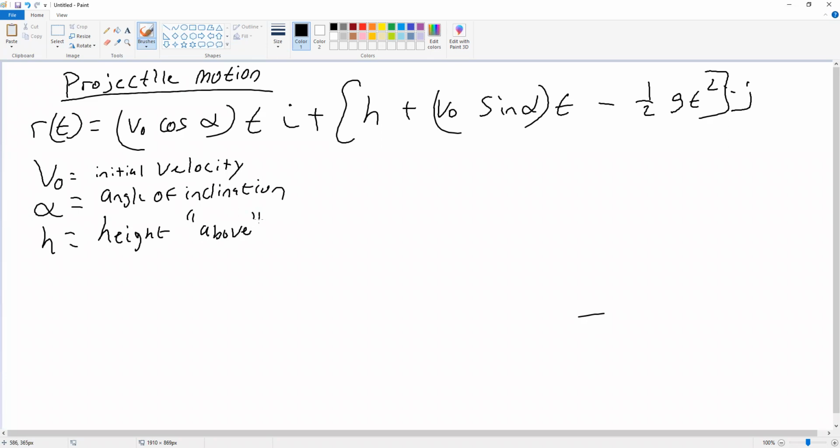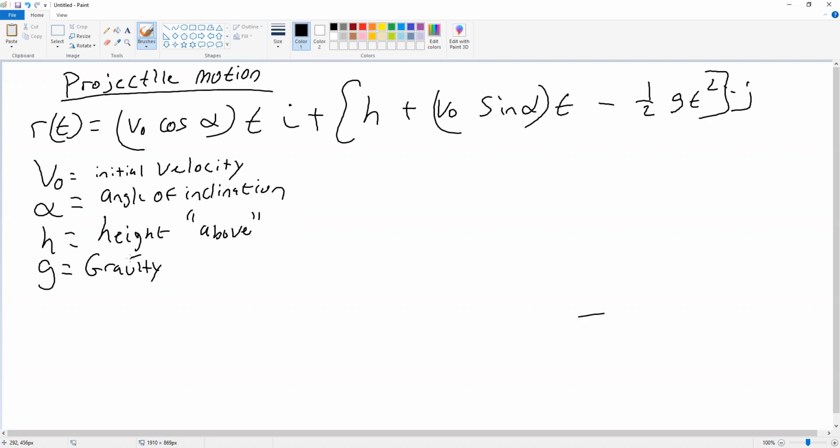What's G? Gravity, right? 9.8 meters per second squared. What about in feet? 32.2. Good job. All right.